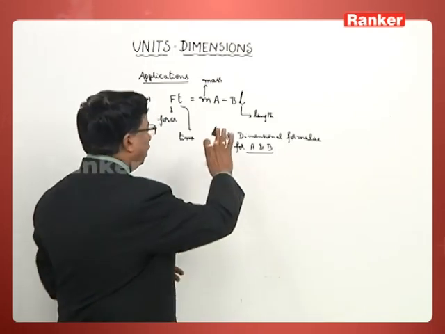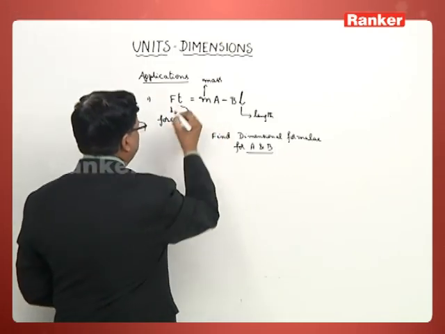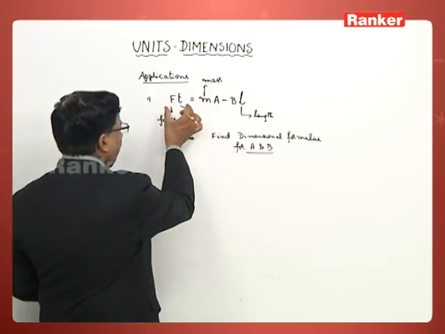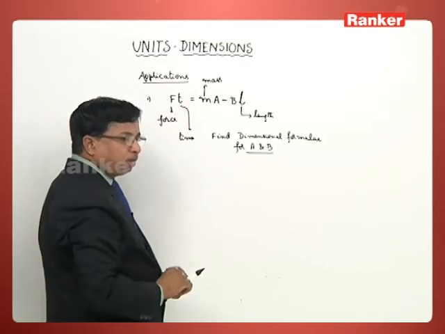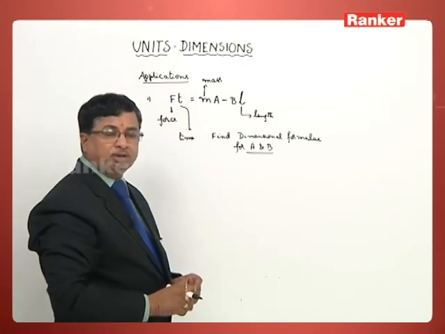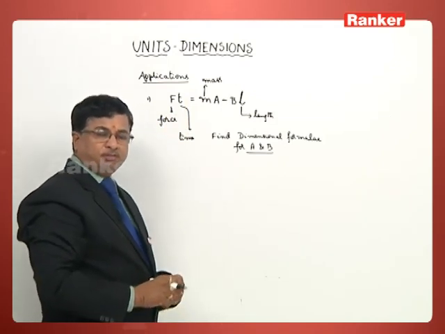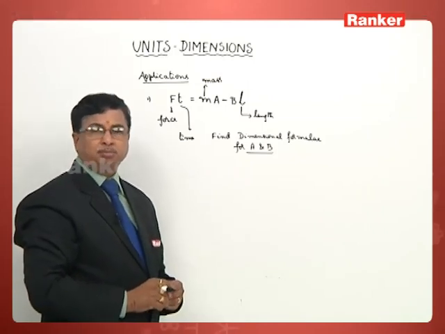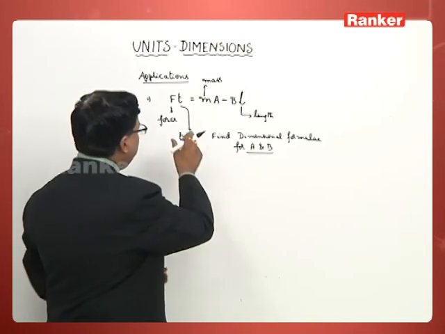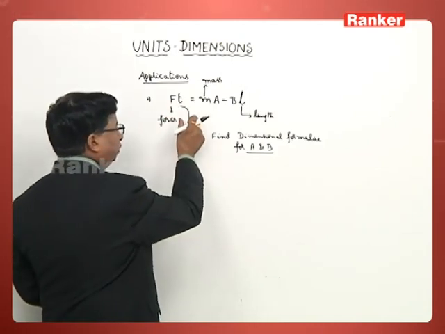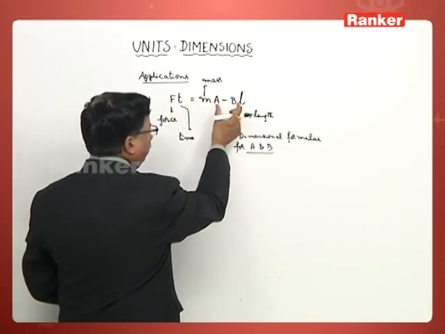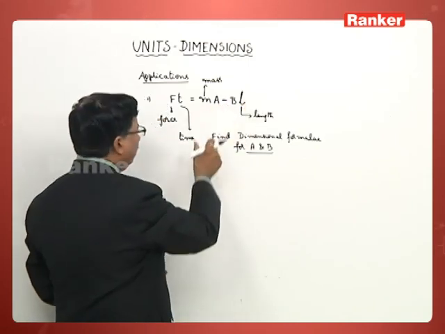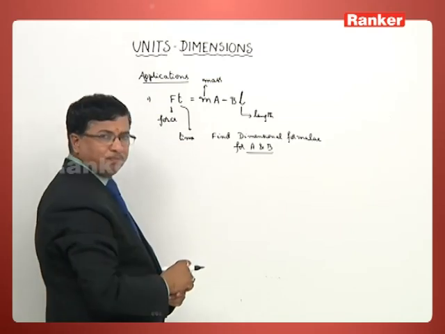Now in this regard, a simple concept one has to keep in mind. In fact, force into time, the product of force and time, is called impulse, which also can be called a change in linear momentum. Now when this is impulse, you can understand that when we subtract BL from MA, we are getting impulse.